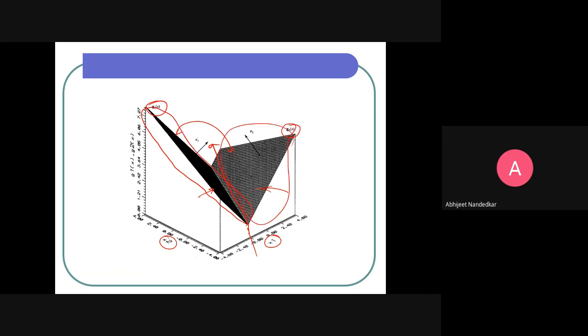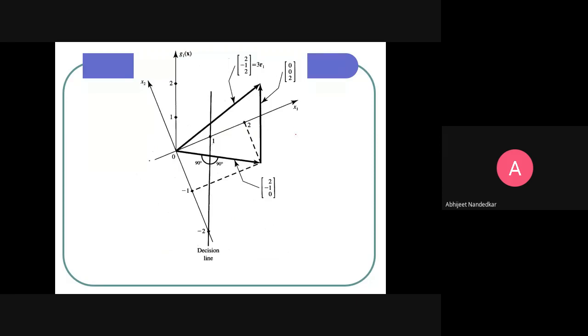Okay, now how to do that? As I said, we will take this vector which is normal to our decision line. Then this vector is, suppose, 2, -1. So I am taking this vector as 2, -1, and we are suffixing 0 here, so that we are now adding the third axis, the one for G1x.